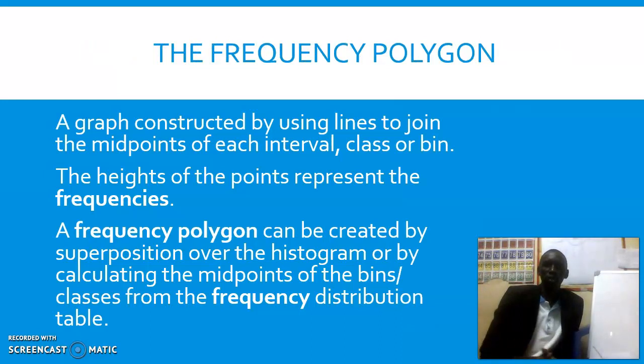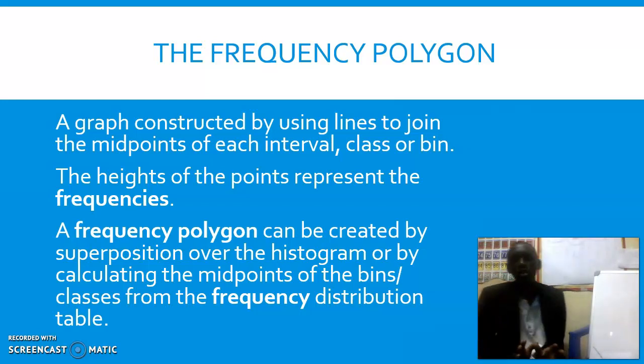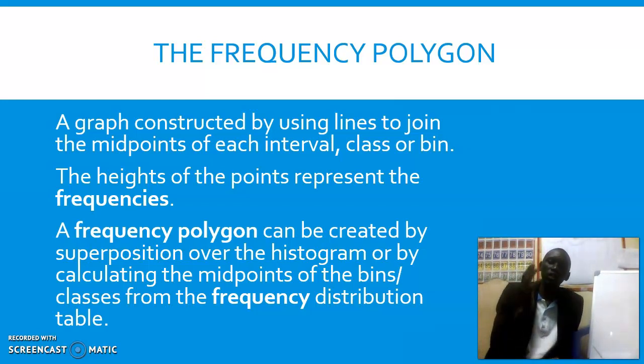The frequency polygon is a graph constructed by using lines to join the midpoints of each interval, class, or bin. The heights of the points represent the frequencies. Now, a frequency polygon can be drawn by having the frequencies on the vertical axis and the class centers on the horizontal axis.